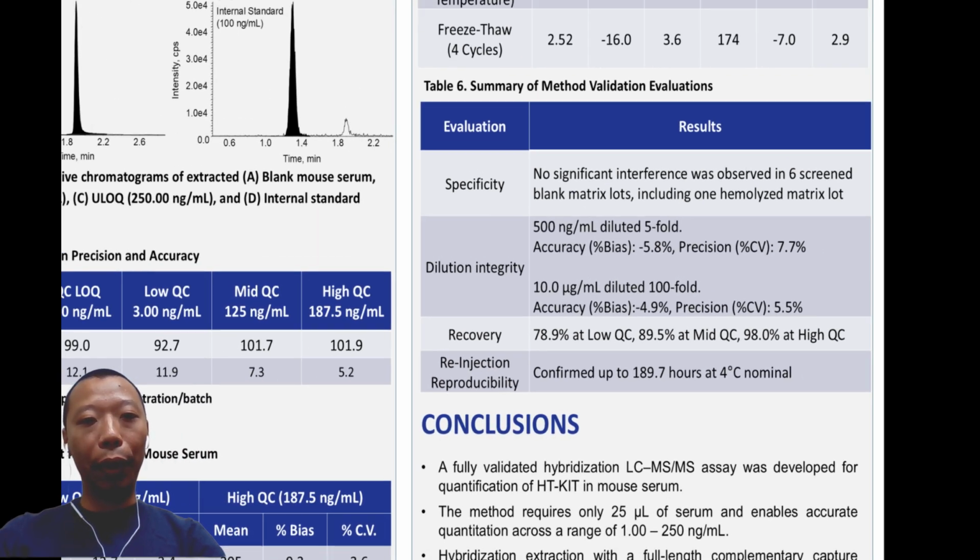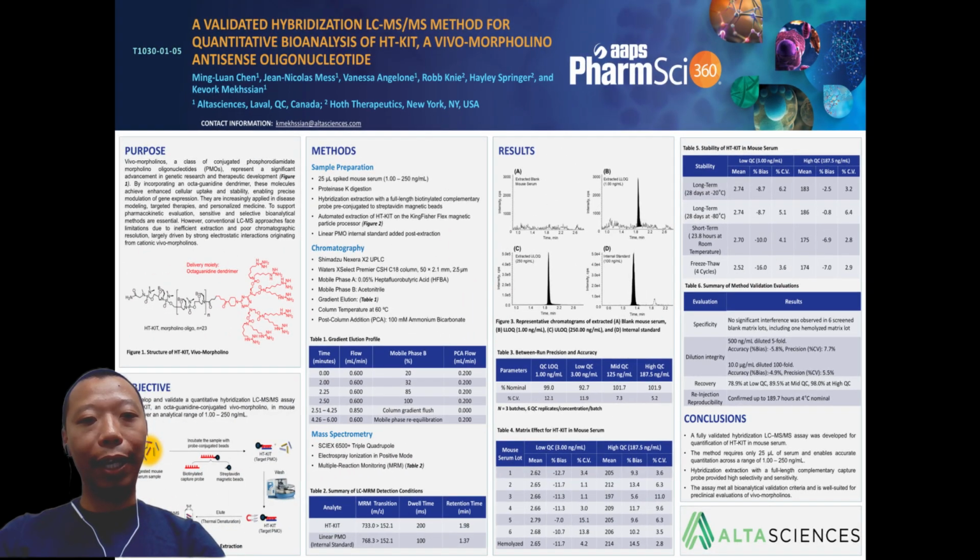In summary, we developed and fully validated a hybridization LC-MS method to quantify HTKIT in mouse serum. The assay only needs 25 microliters of mouse serum and provides accurate measurement across the range between 1 to 250 nanogram per ml.